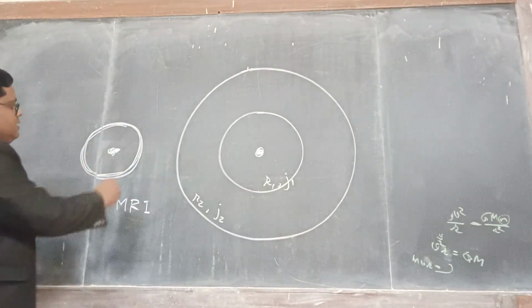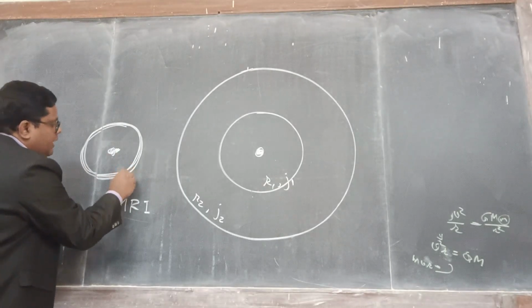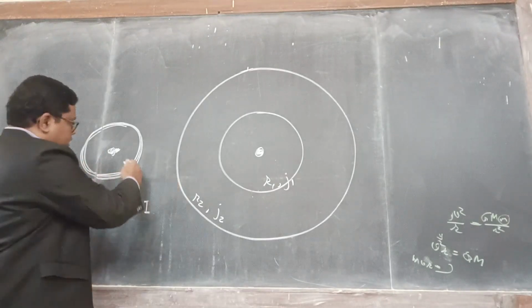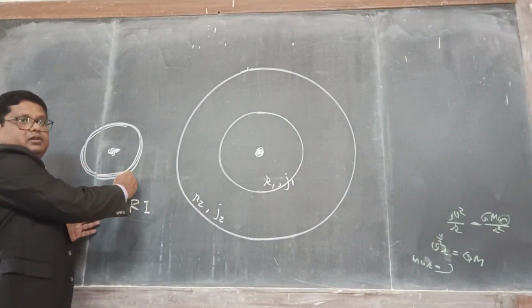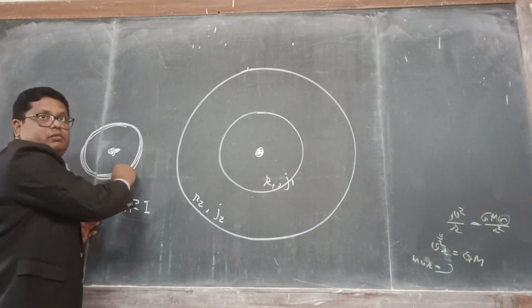And as a result, the angular momentum will be dissipated outward, which means slowly the particles of this orbit will lose their angular momentum.